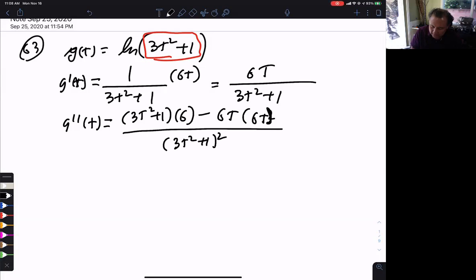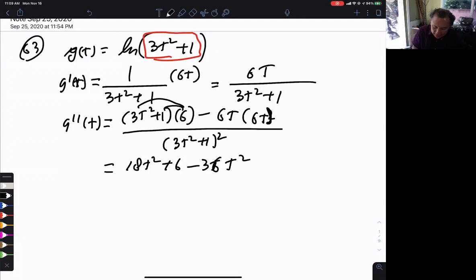Wow, did I do that right? That looks weird. Let's try it again. Low d high minus high d low. Oh, I guess that's right. So what are we going to do? We're going to simplify the top, distribute the 6. We get 18t squared plus 6 and multiply. This is 36t squared.